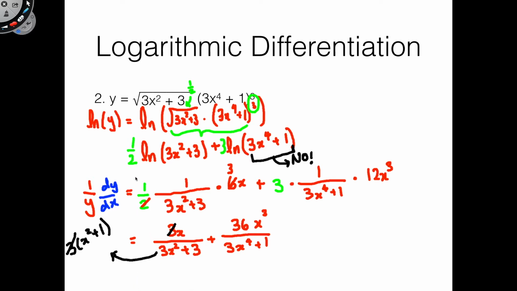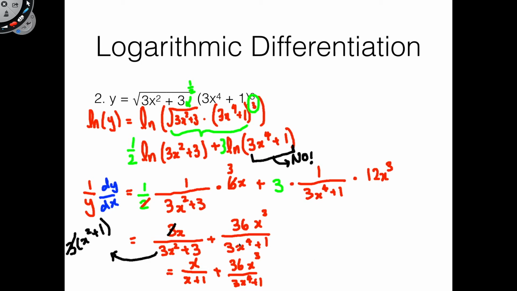So you'd eventually be left with x over x plus 1 plus 36x cubed over 3x to the 4th plus 1.